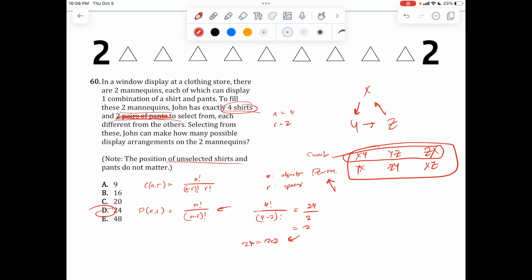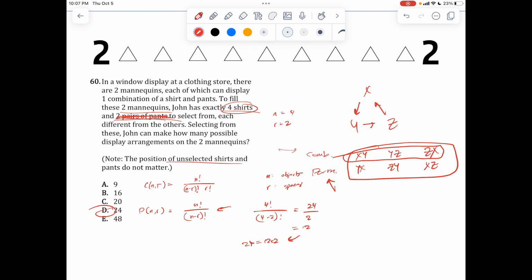It allows for different orderings of the same items. Okay, does that make sense? The number of permutations is usually going to be higher. So in this case, if they said the position of unselected shirts does matter, that's where you'd use a combinations formula.